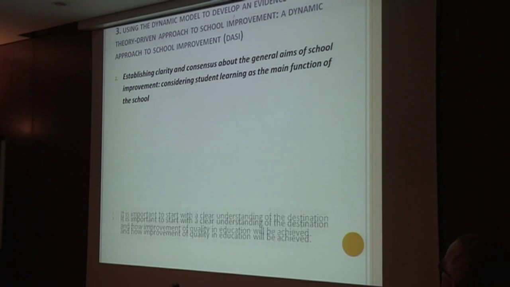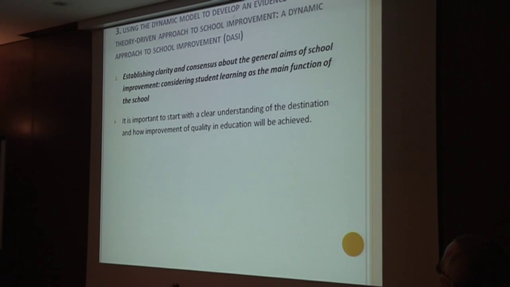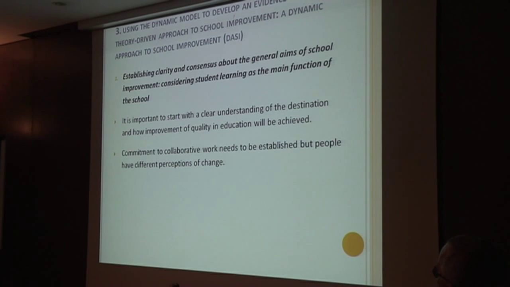Let me spend a few minutes on each of these steps. First of all, clarity and consensus about the general aims. We know from the literature that it is important for each school to start with a clear understanding of the destination. We know that we need to establish commitment to collaborative work. However, people have different perceptions of change.